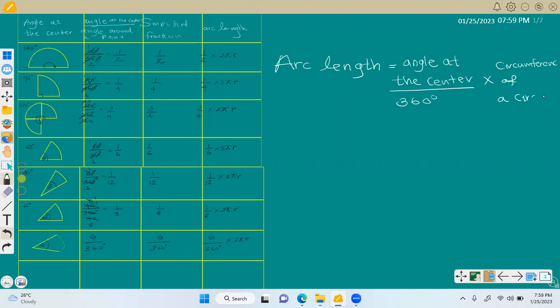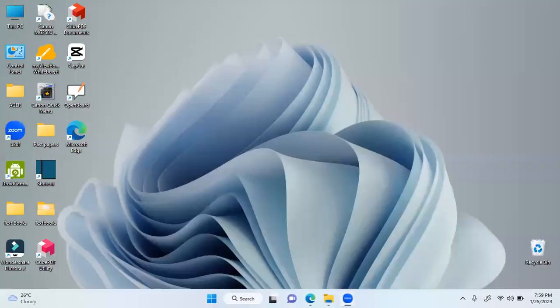Okay. This is also another way to remember that. Do you agree with me with this equation? Arc length is equal to, now you can see always here we have obtained a particular fraction, no? It is the fraction of what? Angle at the center to 360.